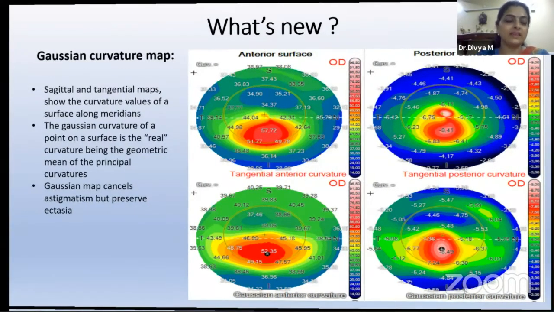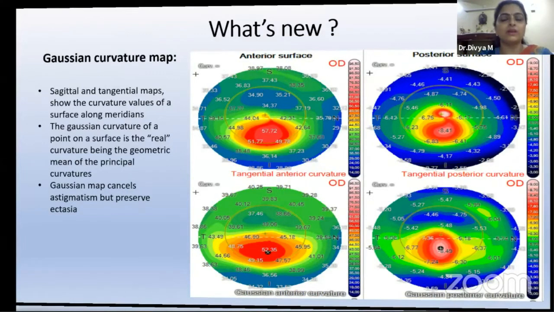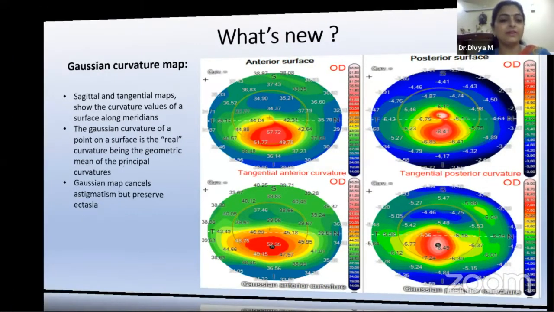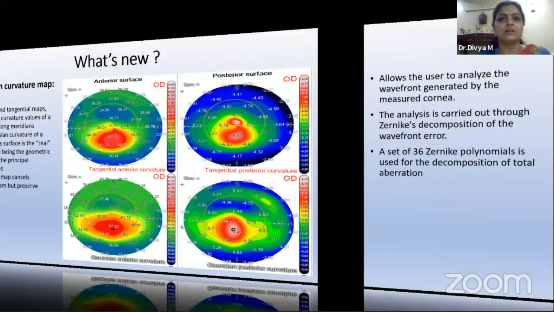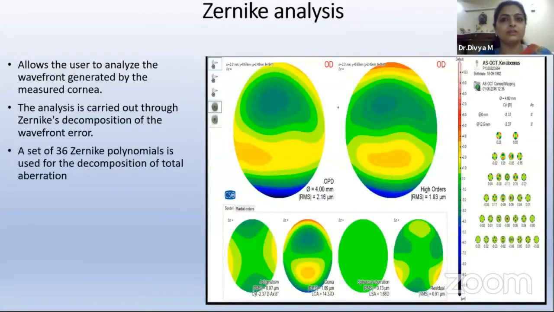Next, coming to the Zernike analysis, as we all know, Zernike actually helps us to simplify the wavefront technology by combining all the aberrations into one simple map. So the wavefront analyzer software that's available will give us an idea about the information, and also it will give us the refraction and diopters.